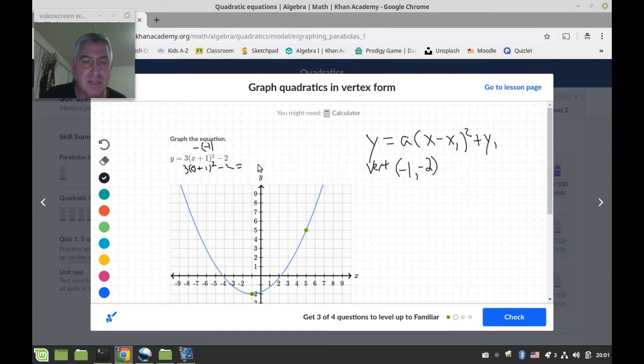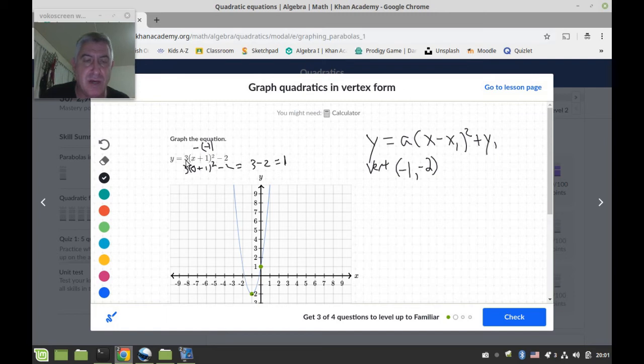And that is equal to 3 minus 2 is equal to 1. So my y-intercept is 1 here. And we have a 3 value here, so it's really steep, really shaped this way. If we have a fraction here, something between 0 and 1, it'll be wide and curved.